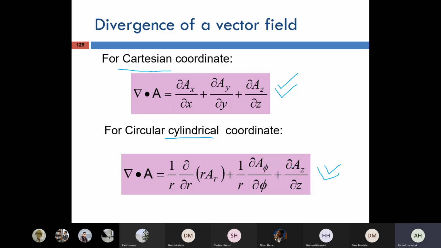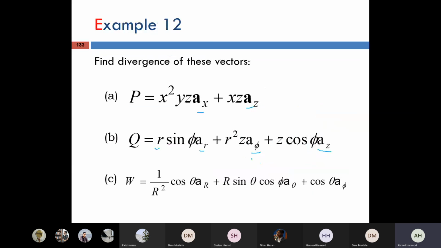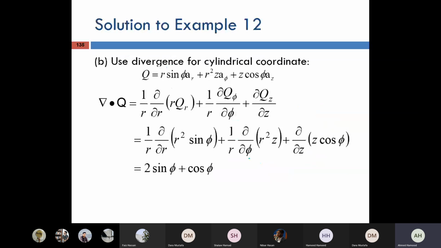Then we check 1 divided by r, differentiate. Then you have Ar. Qr or Ar is the same. Sometimes they put the variable A, sometimes the variable is Q. It doesn't matter as long as it is the same variable.